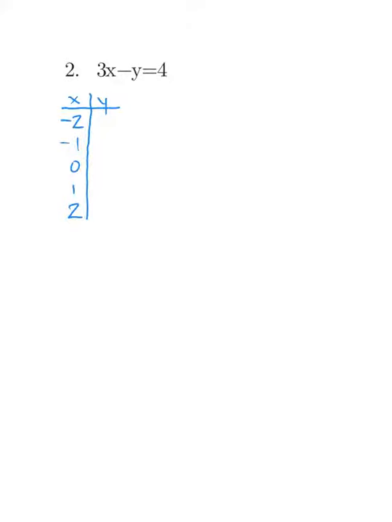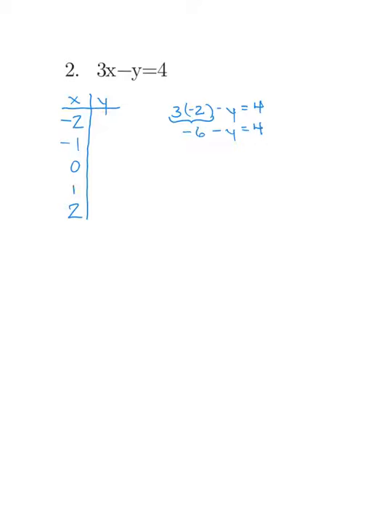If we plug in -2, we get 3 times -2 minus y equals 4. I can multiply this together, giving me -6 minus y equals 4. From here, in order to solve for y, I need to get rid of the -6.